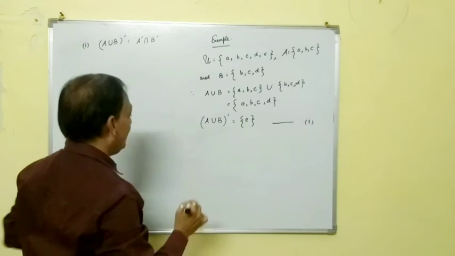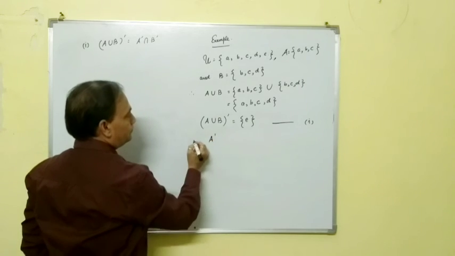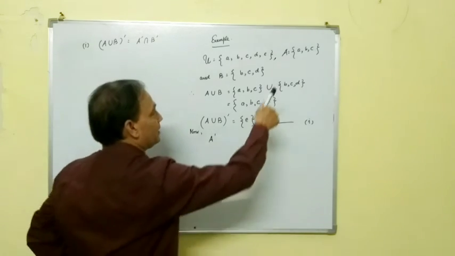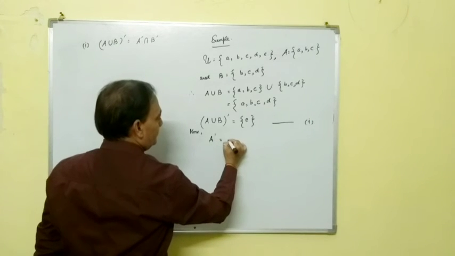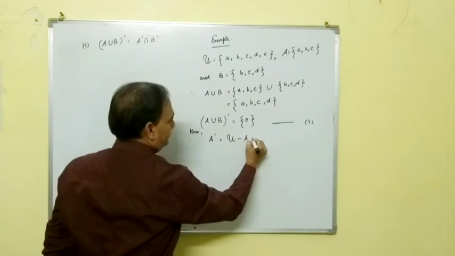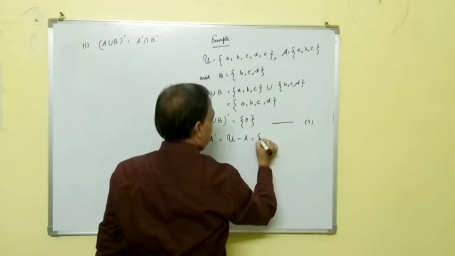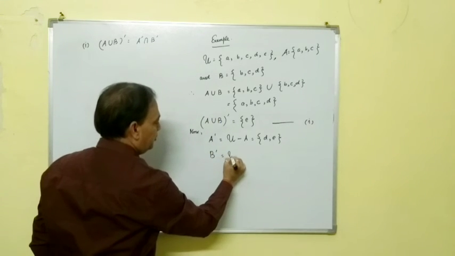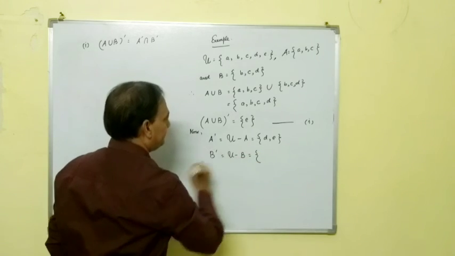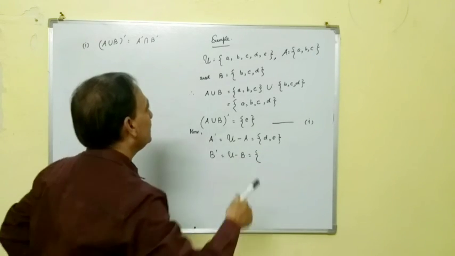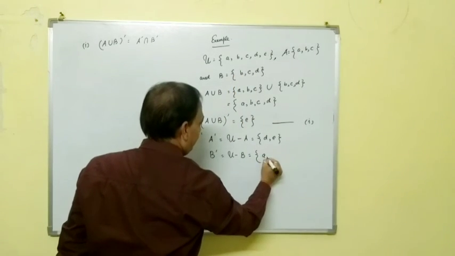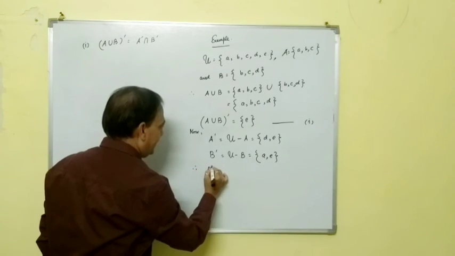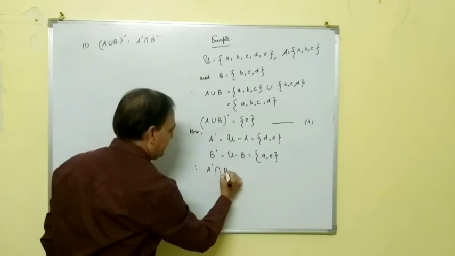Again we have A complement. A complement is the universal set minus A. So this is D, E. B complement is the universal set minus B. This is A, E. What is A complement intersection B complement?